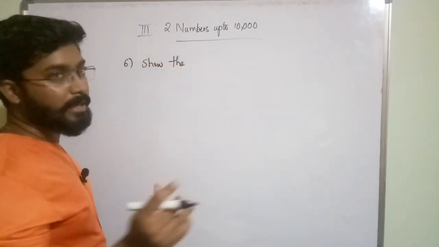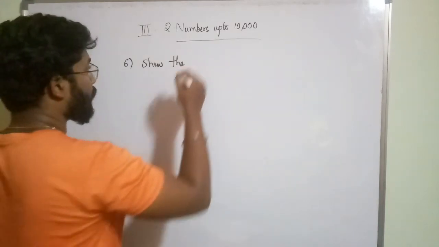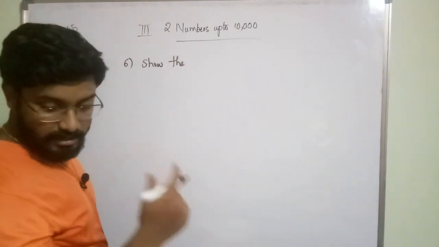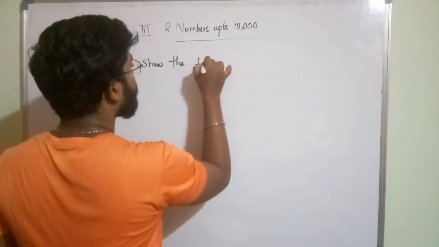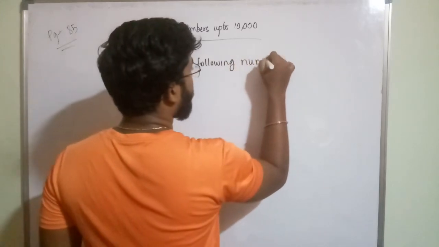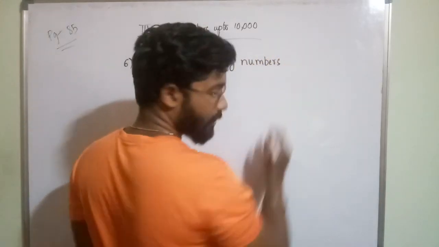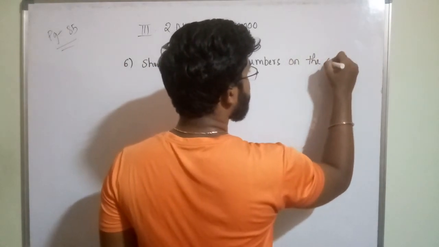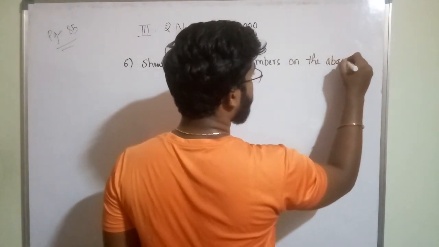In the previous bit he gave the abacus, we had to write the number. Here he gave the number, we have to represent it on the abacus. First 2 I will say, next 2 are for your homework. A, B I will say, C, D are for your homework.